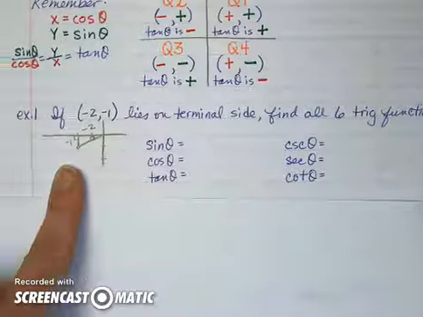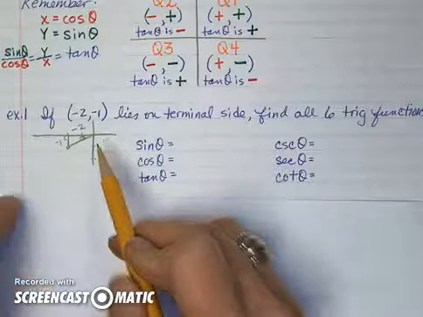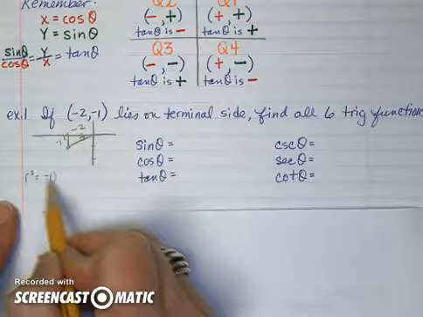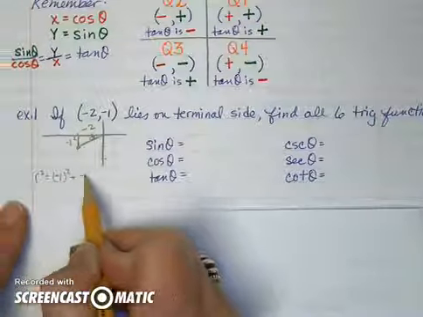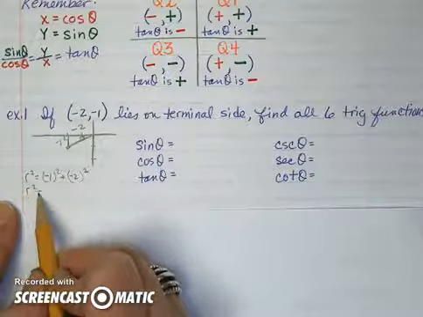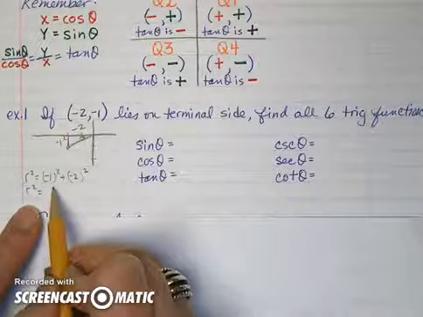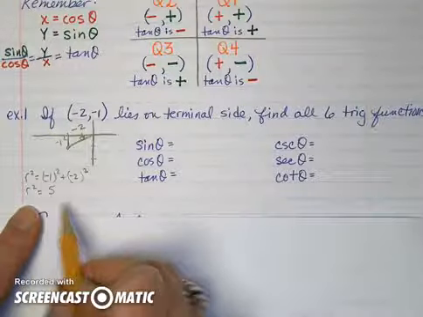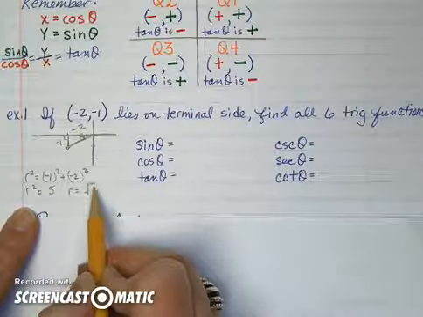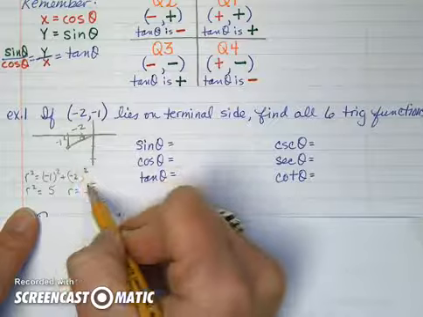So we can calculate what the radius is. The radius squared would be -1 squared plus -2 squared. So that would give us 1 plus 4. So we have r squared is 5. So r must be the square root of 5. So I'm going to come back up here. That goes right there.